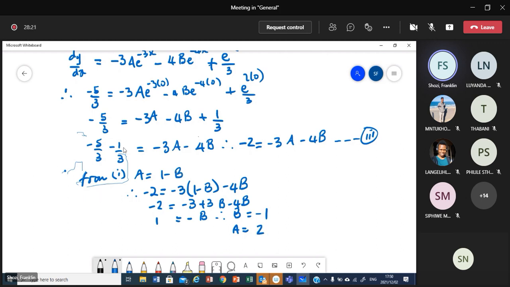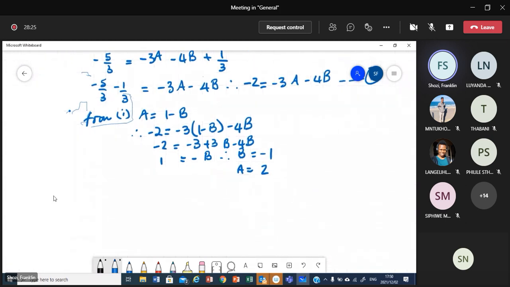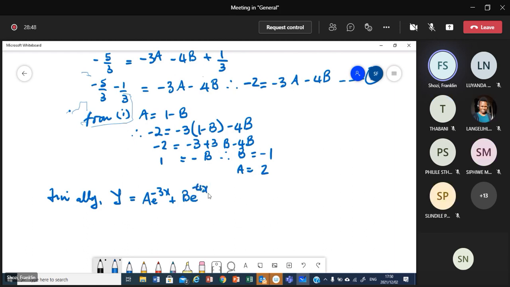Then I go back to my solution. Therefore, my solution now, finally, is y equals a e to the power minus 3x plus b e to the power minus 4x plus e to the power 2x over 6.